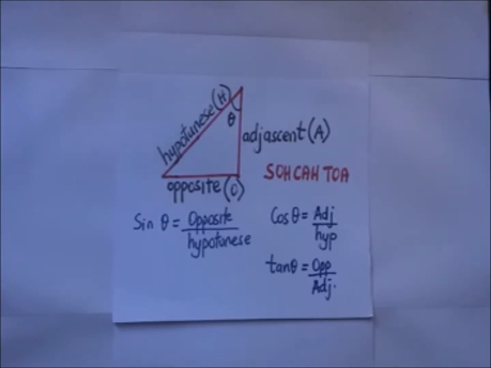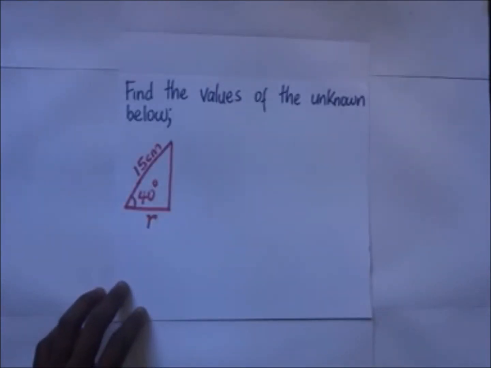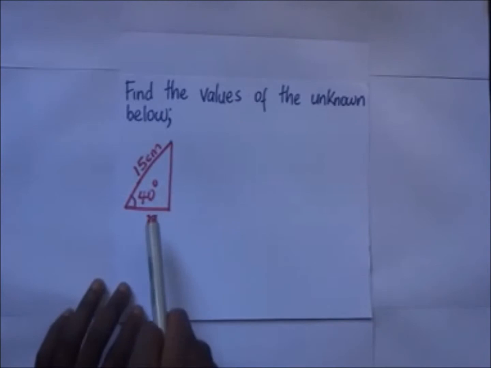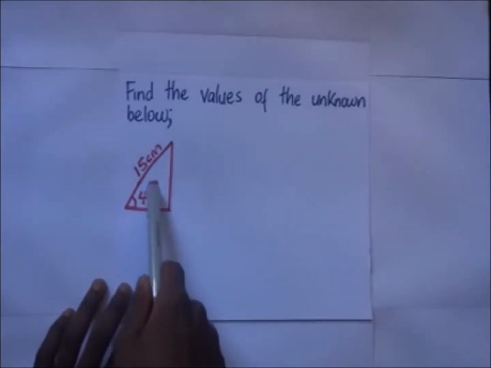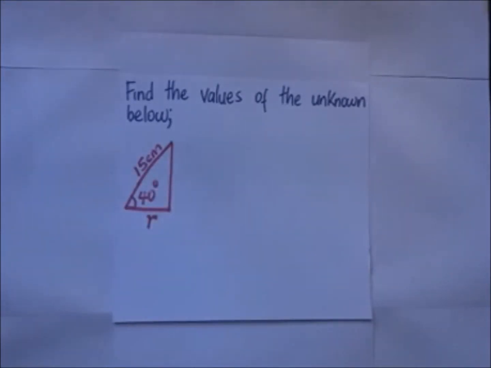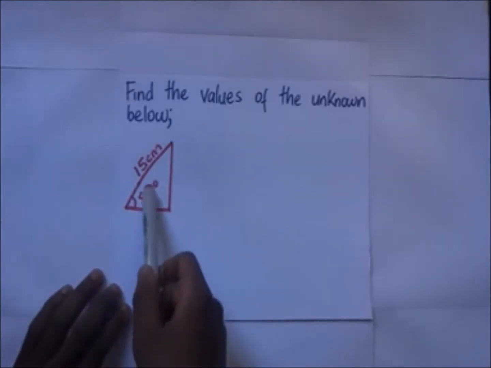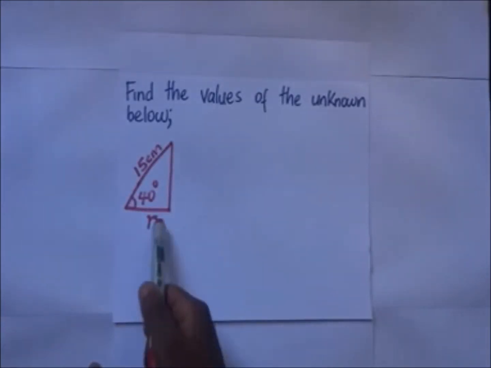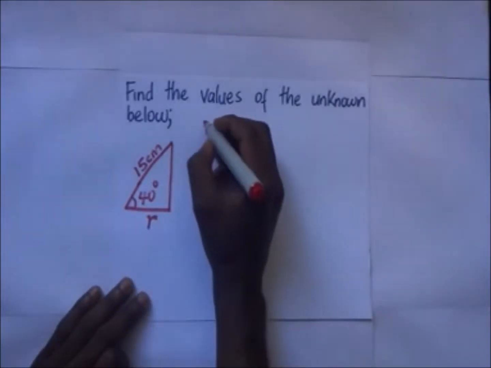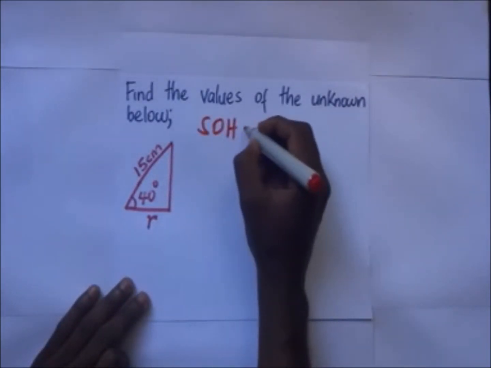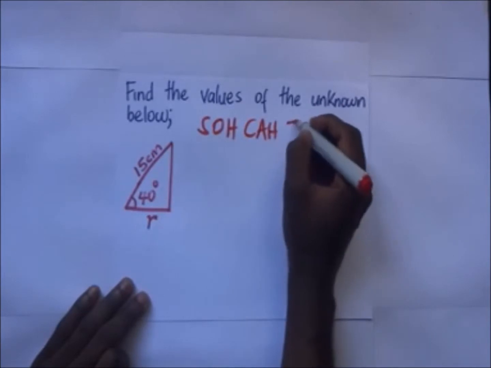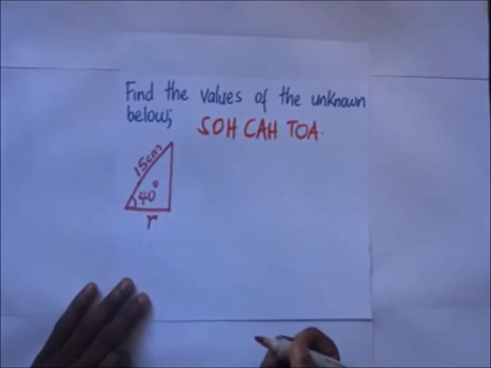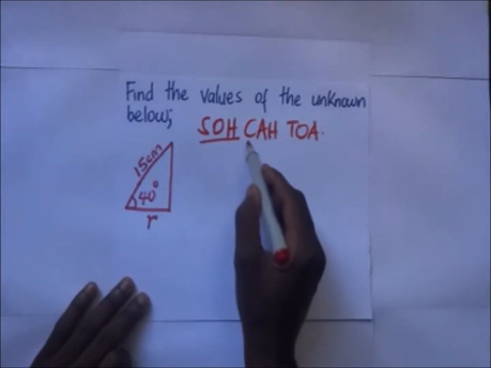We'll go straight to try some examples to illustrate this. Find the value of the unknown below. We have an unknown side here, we have an angle, and we have 15 centimeters there. This is the hypotenuse. So to find this value of r, we'll use SOH CAH TOA. Of these three, which one should we pick?